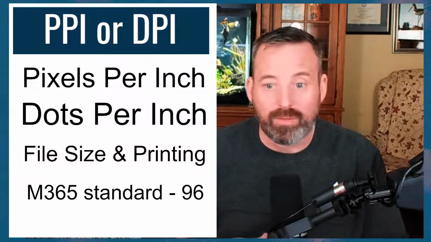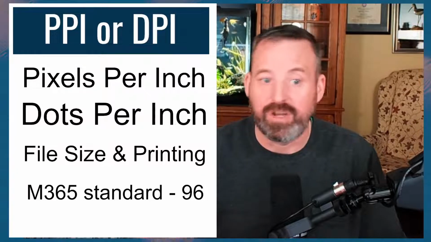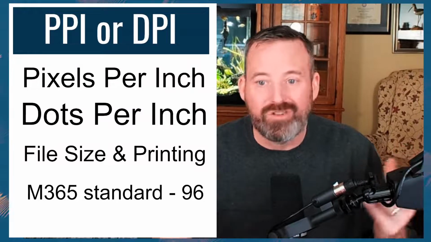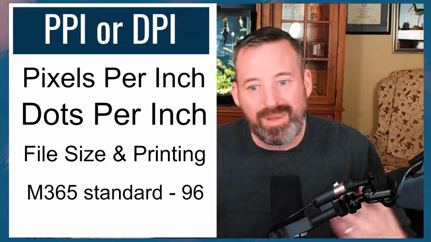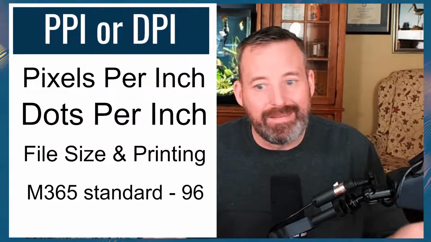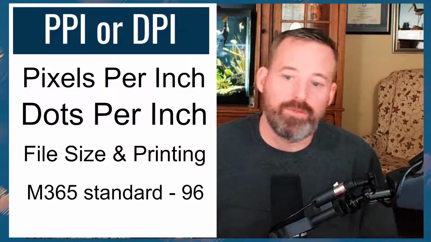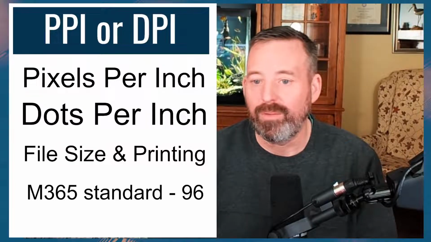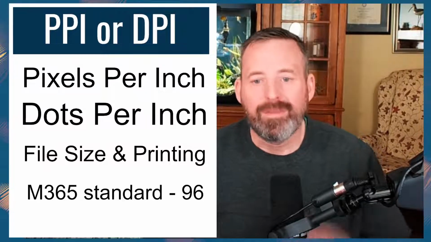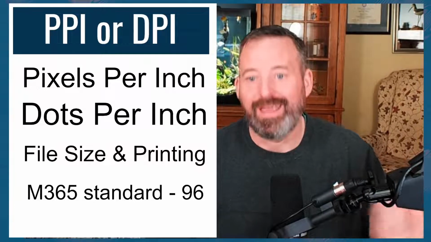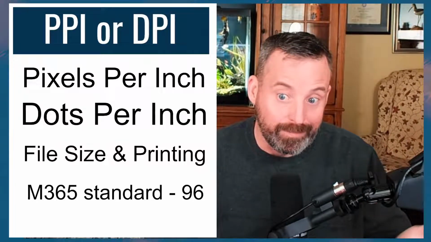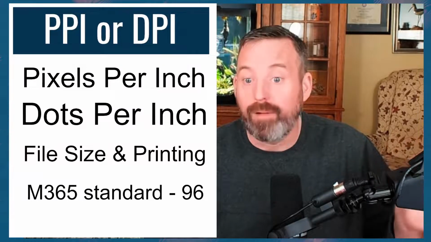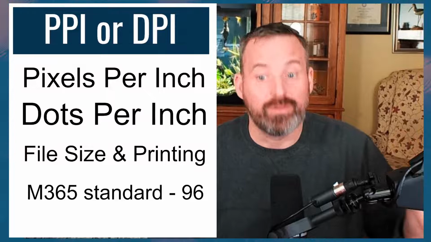Graphic designers can have deep conversations about this. For everyday people, if you use PPI or DPI, you're going to be about the same. But if you go into the graphic design side, there is a true difference between those. But the main thing, again, is file size and whether you need something printed. If you need something printed, you want to make sure you have a higher number, so get in that 300, the 600 range.